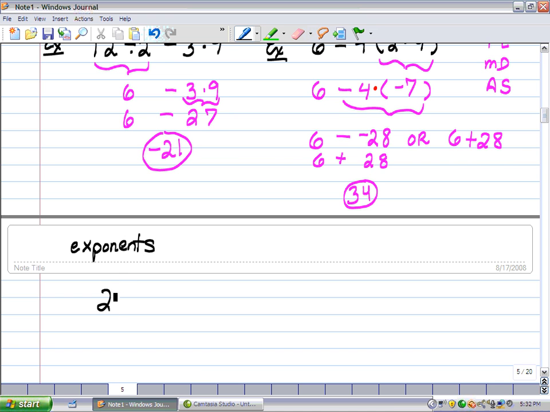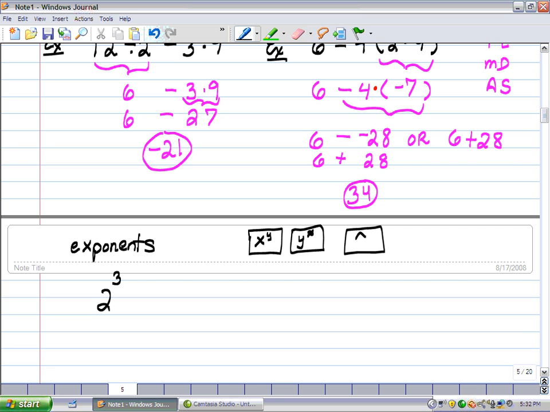So for example, if I have 2 raised to the 3rd power, and if you have a calculator, there are 2 buttons that are usually used for this: the x raised to the y, or the y raised to the x, or what we call the caret key.